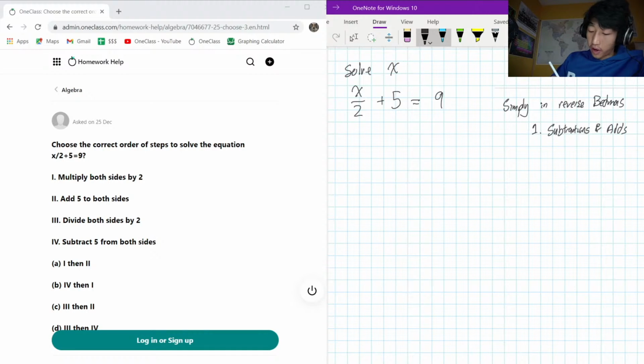This should be your first priority. Your second priority is multiplication and division. Third should be exponentials. And fourth should be brackets.